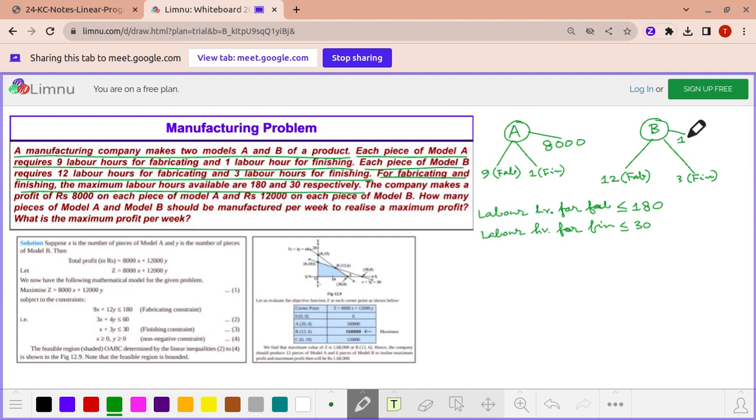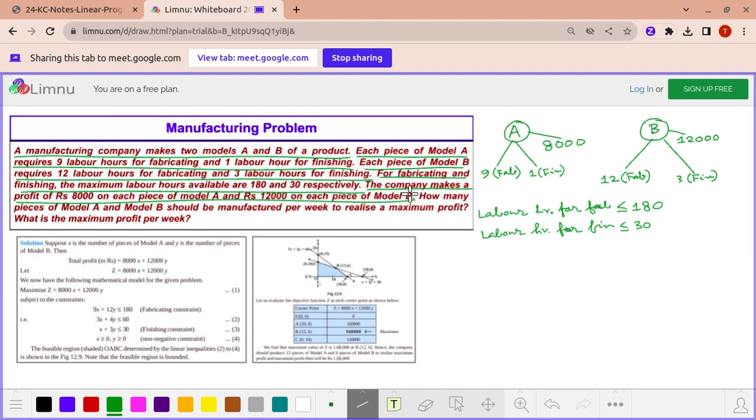So here it is 12,000, correct? So the company makes a profit of 8,000 on each piece of model A and rupees 12,000 on each piece of model B. How many pieces of model A and model B should be manufactured per week to realize a maximum profit?